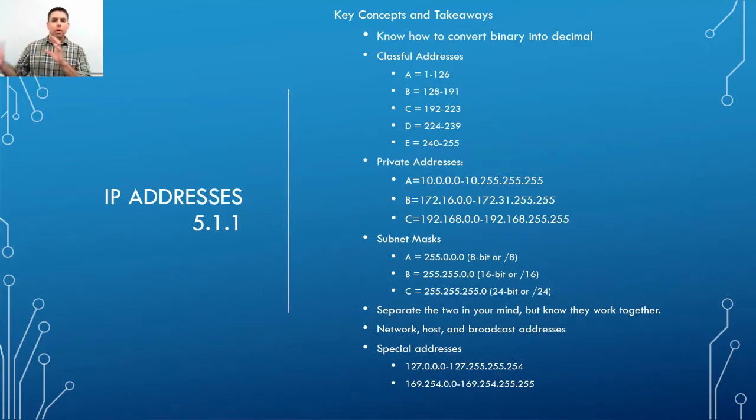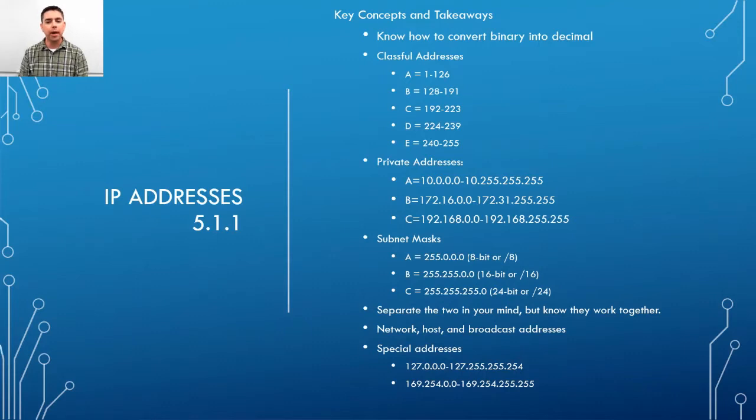So private IP addresses reside on the internal network. Public IP addresses reside on the public network. They're accessible from the public range, and internal addresses are not. They can't be accessed without that tunneling, and again, we'll cover that later.